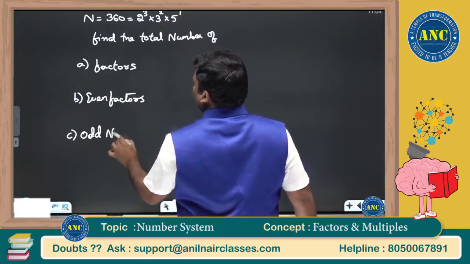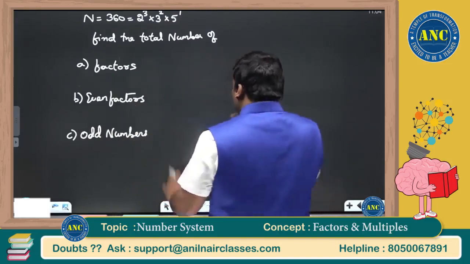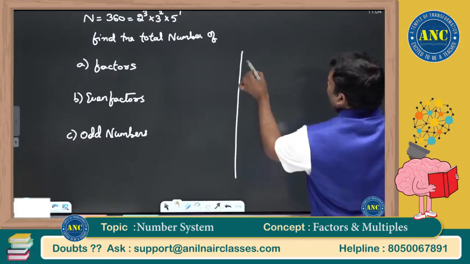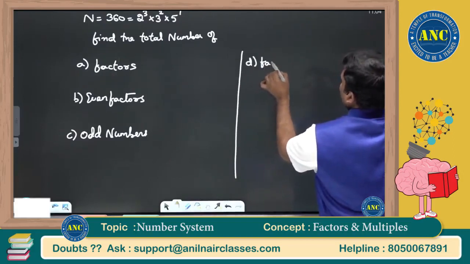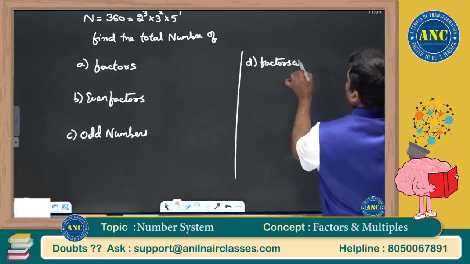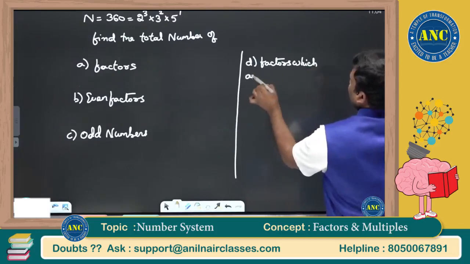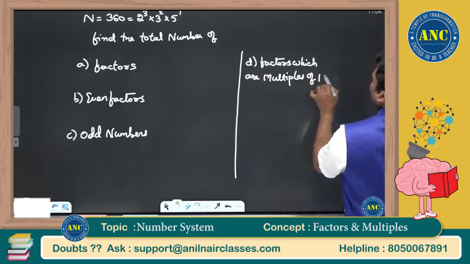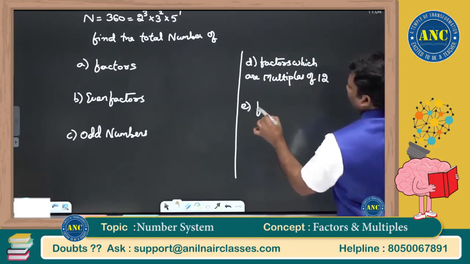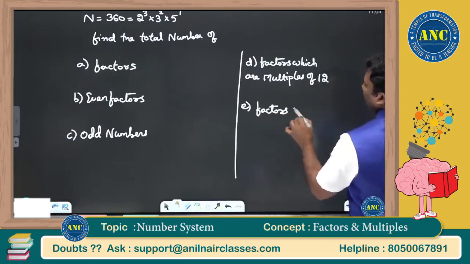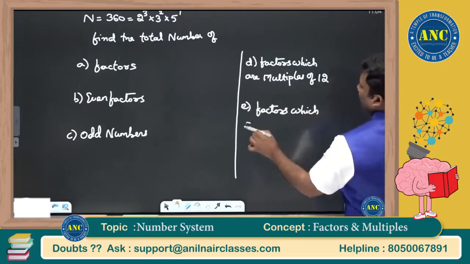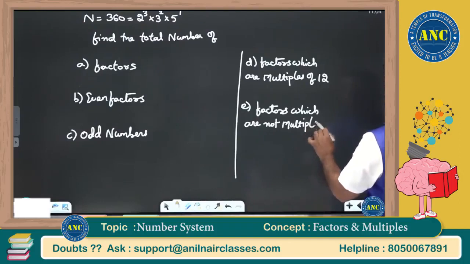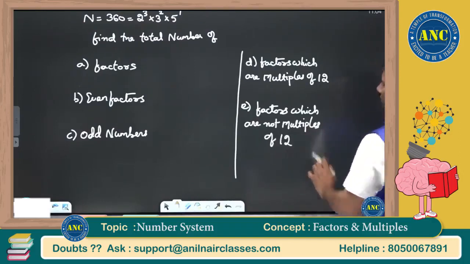In factors, there are even numbers and odd numbers, even factors and odd factors. Factors which are multiples of 12. Factors which are not multiples of 12. 5 problems, we will solve them one by one.